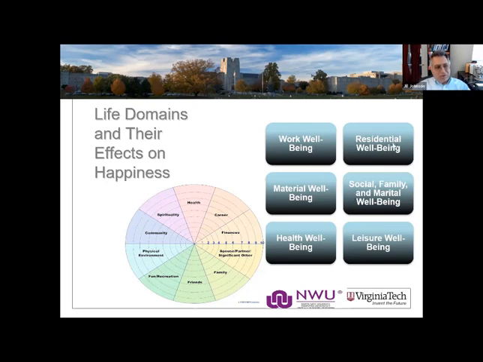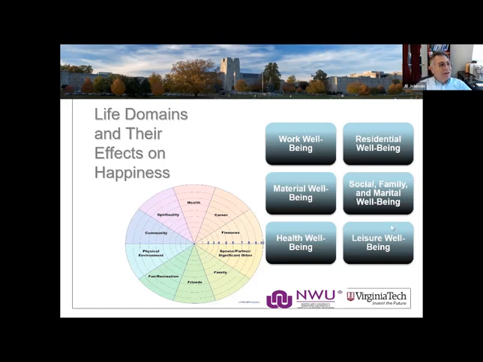Today, we'll concentrate on residential well-being, material, or economic well-being, social, family, and marital well-being, health well-being, and leisure well-being. So again, there are plenty of things to talk about, and I'm going to try and be selective in the coverage of those topics because there's so much to talk about.